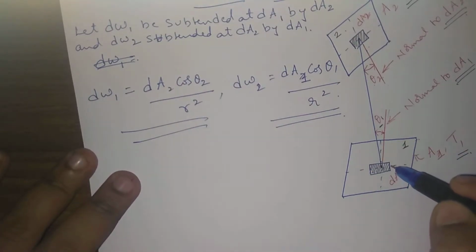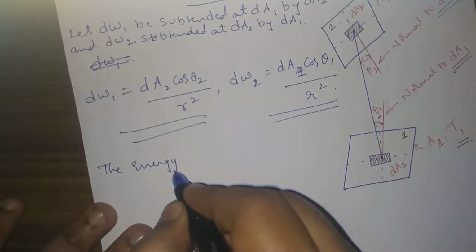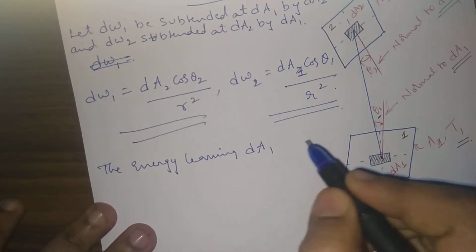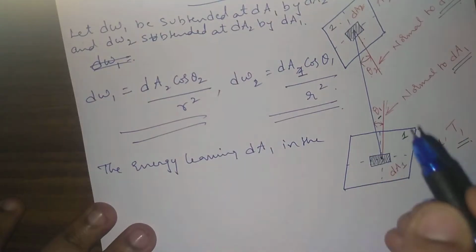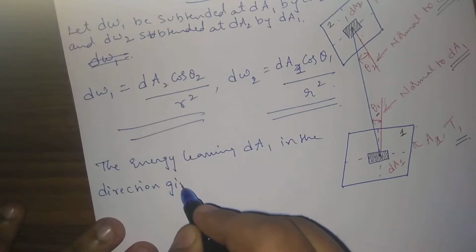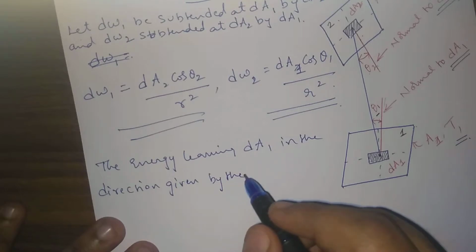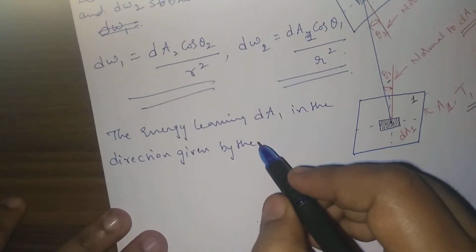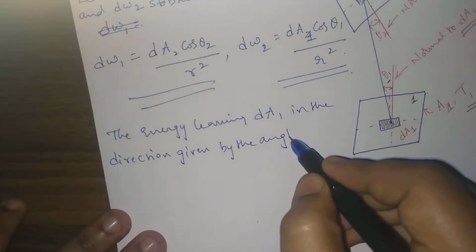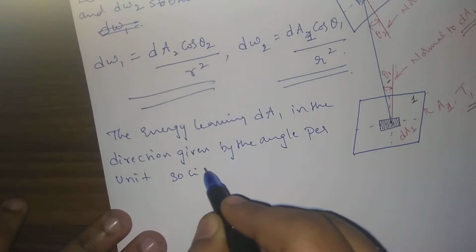Now we will consider this dA1, the energy leaving dA1 in the direction given by the angle per unit solid angle.